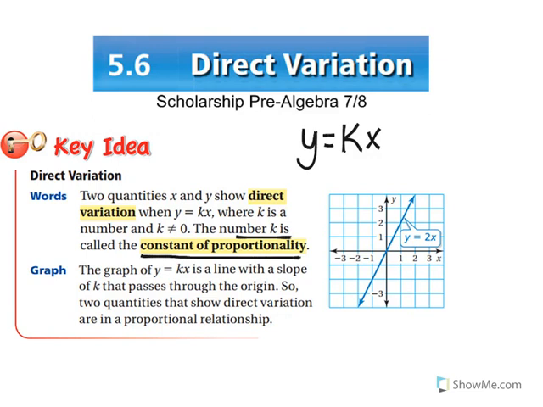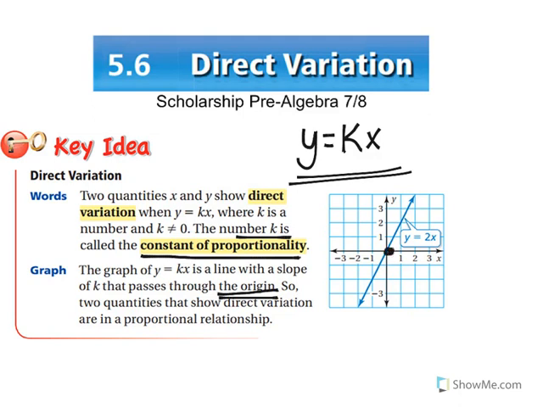The other part we say here is the graph of y equals kx, the one we talked about right up here, is a straight line with a slope of k that passes through the origin. That is a really important thing to understand. For it to be a direct variation, it has to go through the origin.